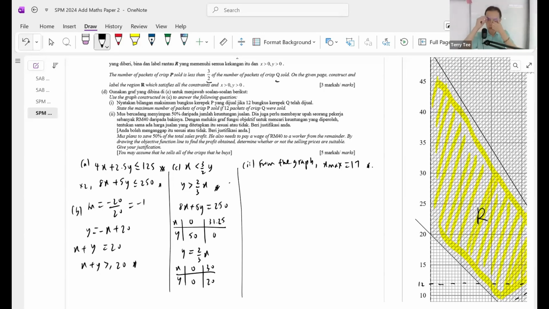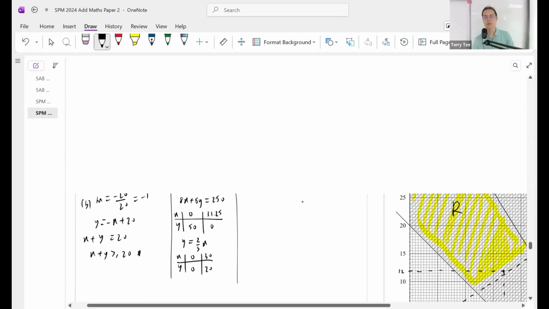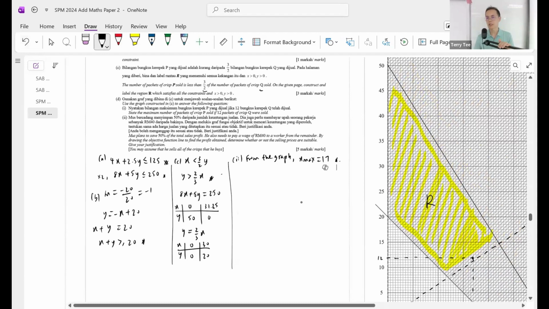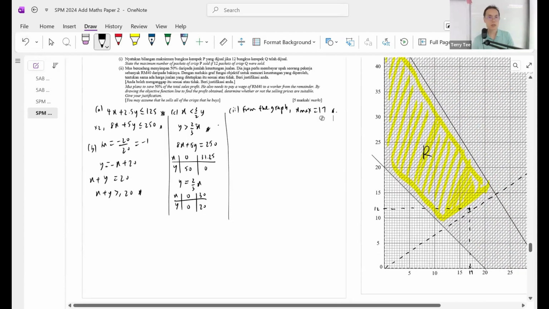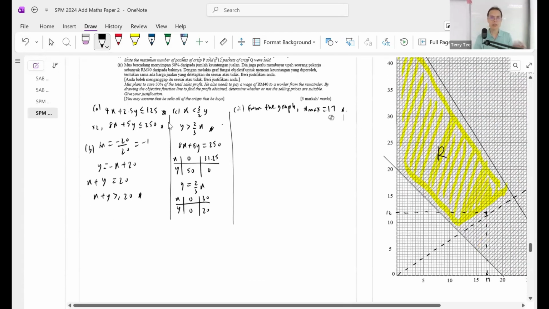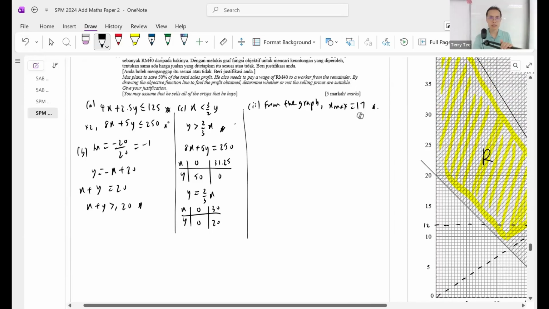All right. Okay, next. Most plans to save 50% of the total profit. It is 17, right? No, because 18 is on the line. You cannot take the line because it's non-inclusive. So if the inequality here is equals, then you can take 18, but it's not equals. So can't take 18, take 17.